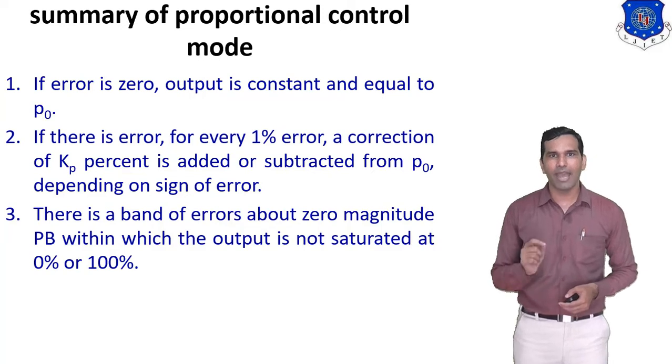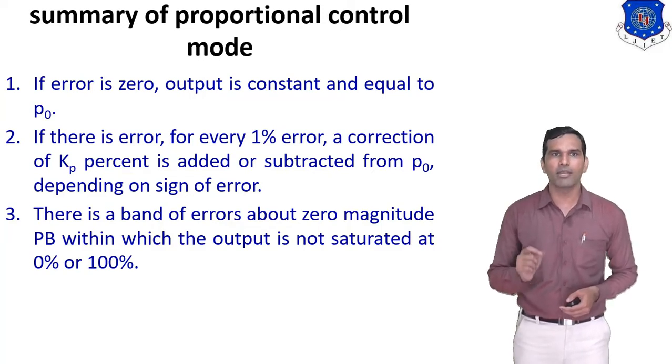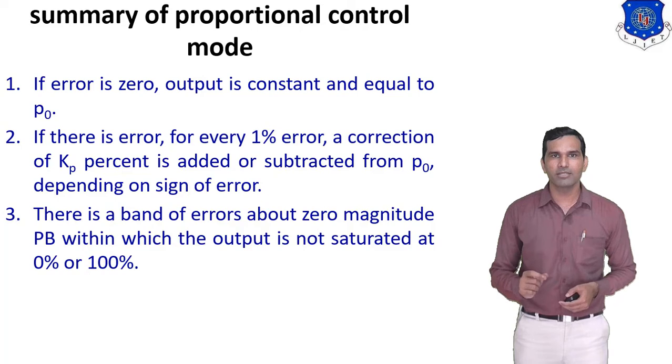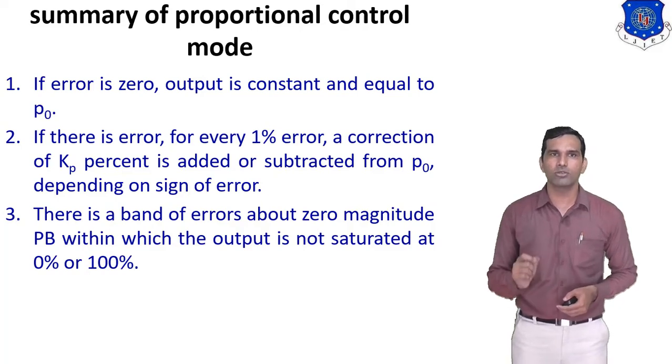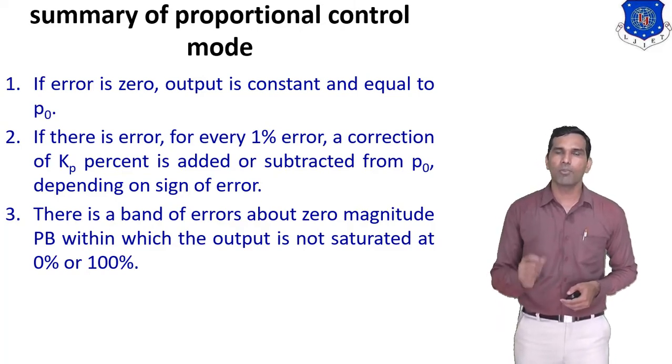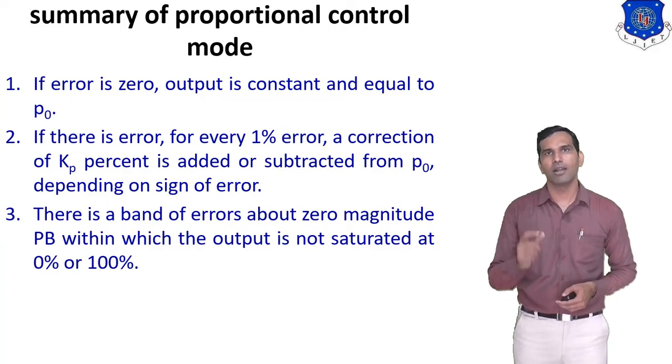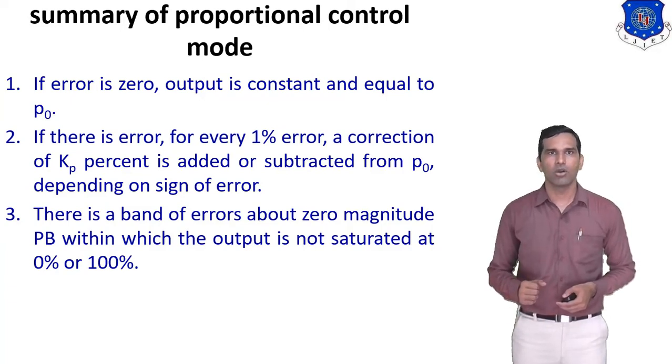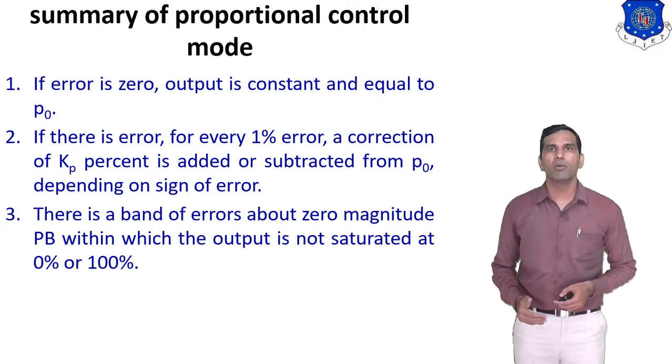There is a band of errors about zero, the proportional band, within which the output is not saturated at 0% or 100%. This is the summary of the proportional control mode.